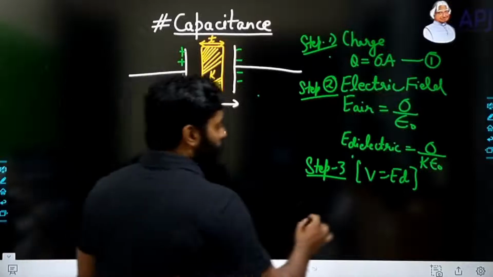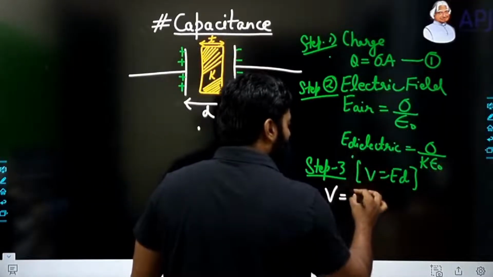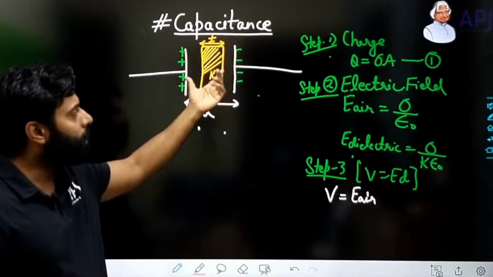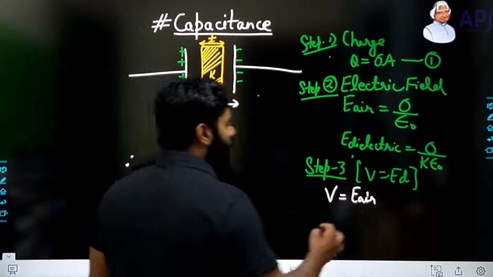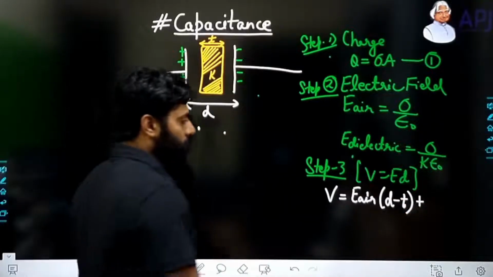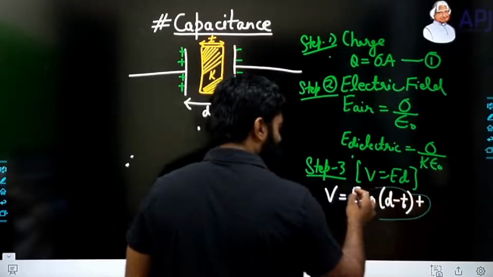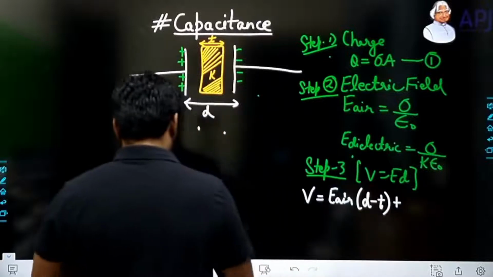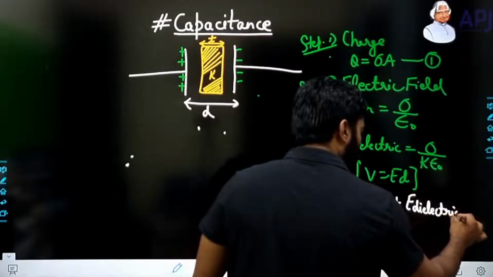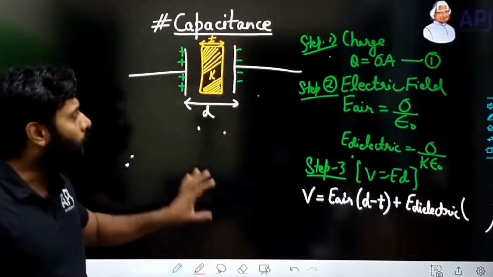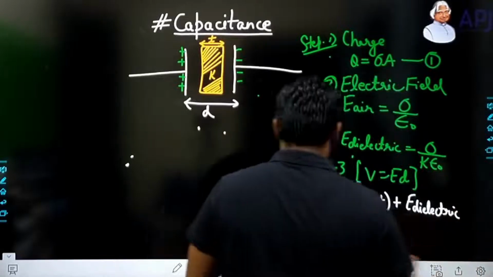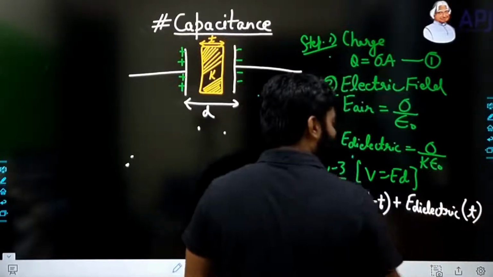So V net is E air times the distance for air, which is d minus t, plus E dielectric times the thickness, which is t. The thickness of the dielectric is t, sir, so what is there to think about? The dielectric thickness is t, and the work is done.